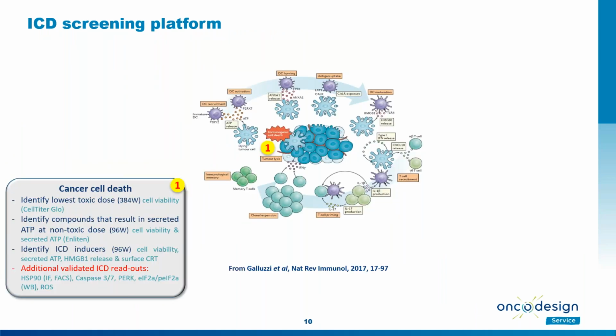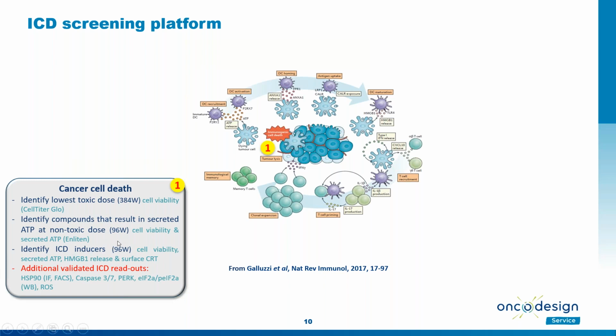What we have developed is a multiple readout system where we start quite simple with understanding how cancer cells are dying. What we want to be sure of is that tumor cells are releasing immunological signals.